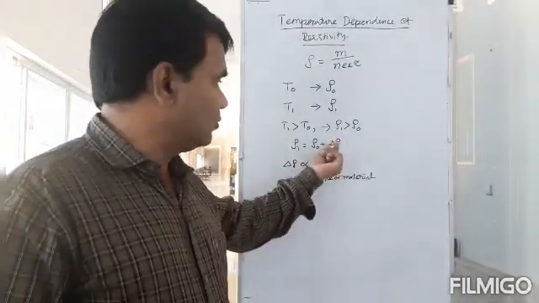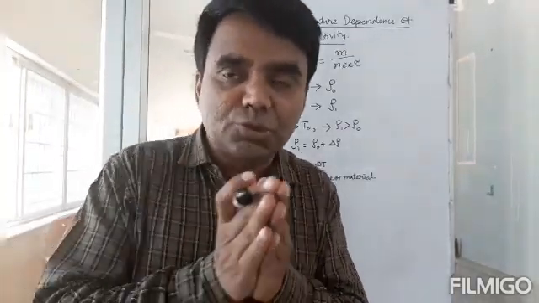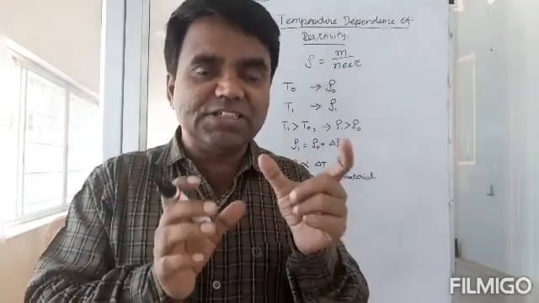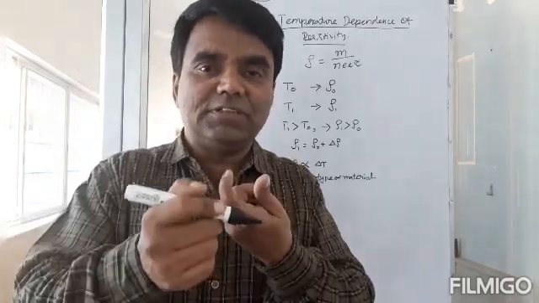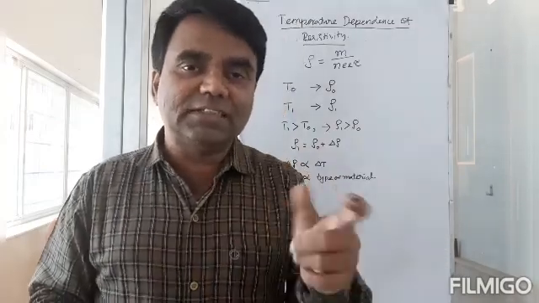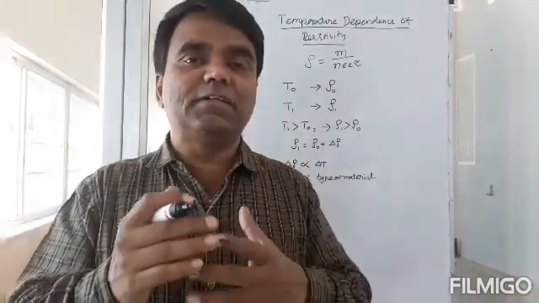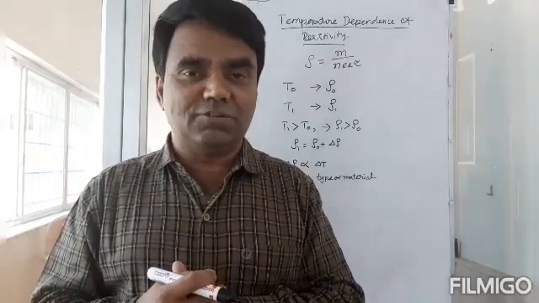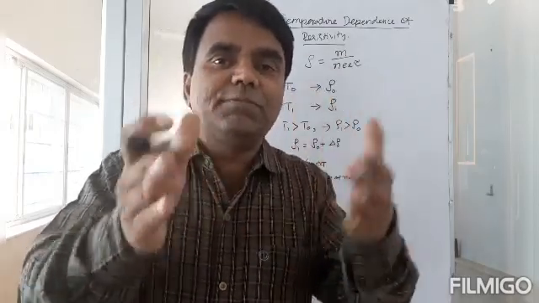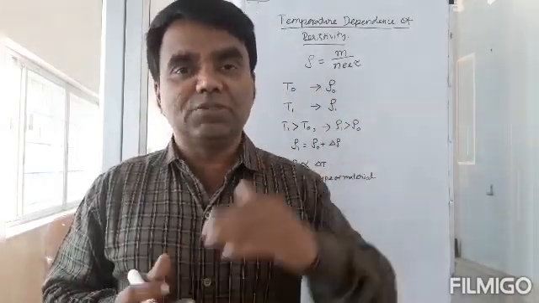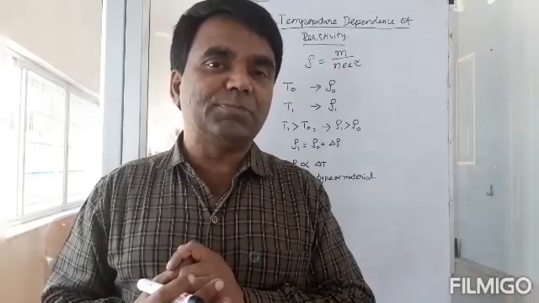If it is iron, then delta rho will be a different value for the same change in temperature. Let's say I go from 100 degrees to 120 degrees, so the change is 20 degrees. Copper will have one delta rho, iron a different delta rho, and aluminum yet another delta rho. So even though the temperature change remains the same, delta rho will not remain the same. Depending on the material, the delta rho will change. Understand?